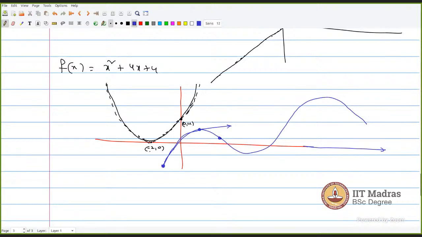When the particle comes here, if it is falling from here to here, at this particular point this ball tends to take this direction. Not exactly, but at that particular moment, the particle's direction will be like this.